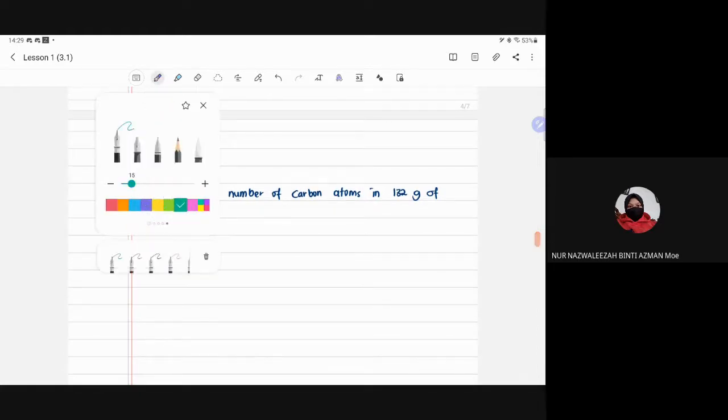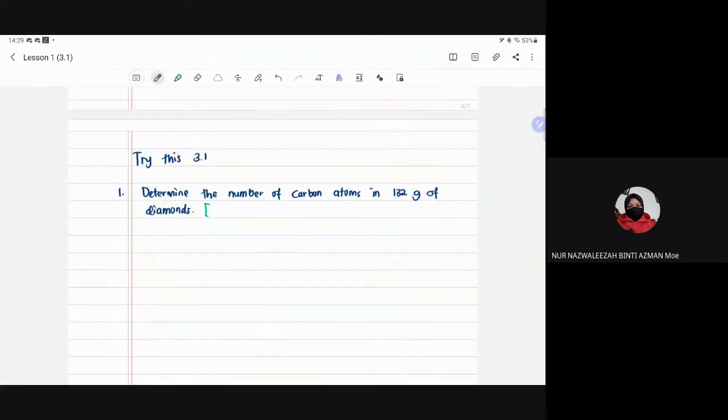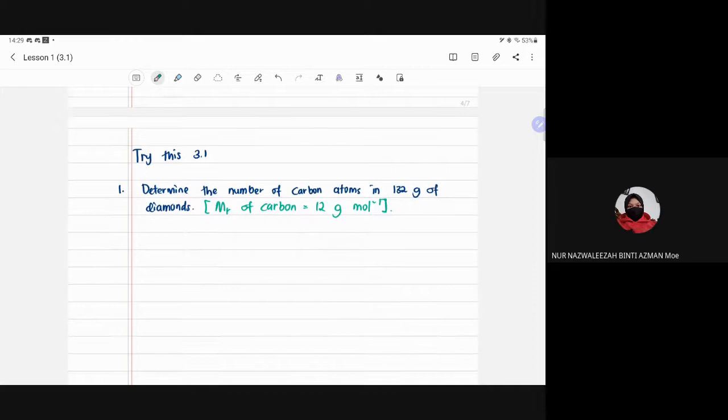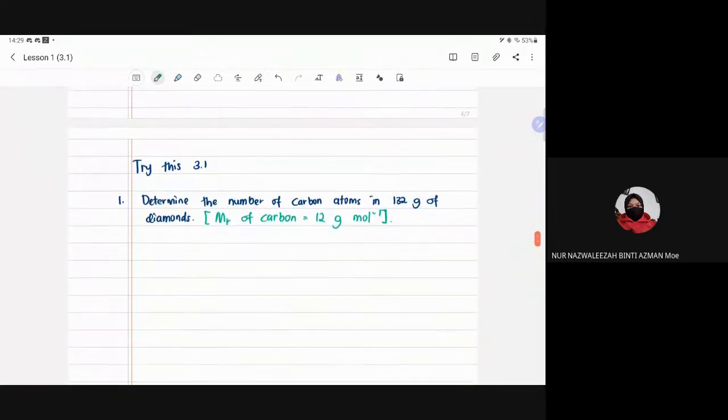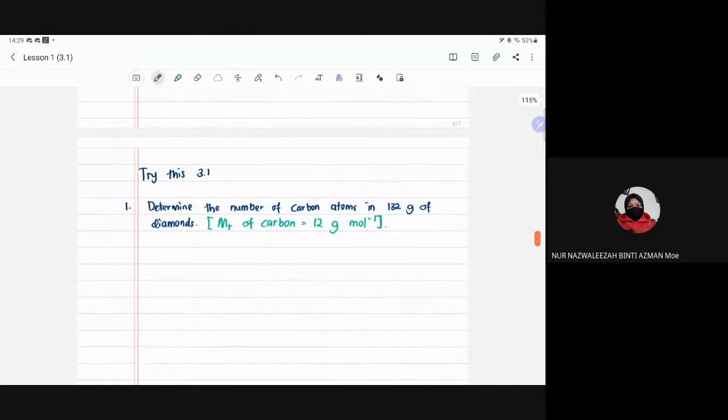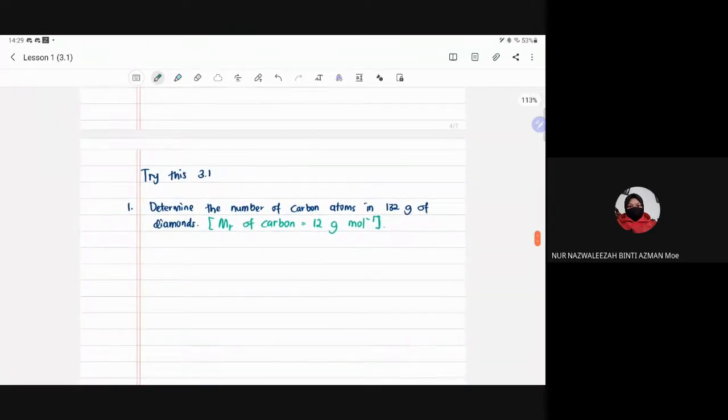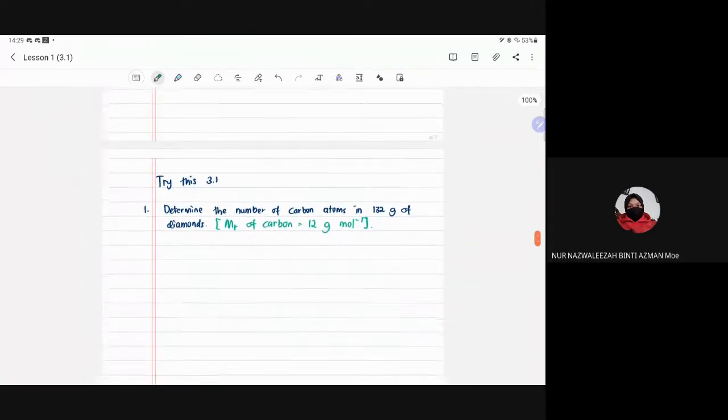The molar mass of carbon is 12 grams per mole. I want you to try to answer this question right now. I give you 5 minutes. Okay. Do you need the formula? Yes. You need the formula.